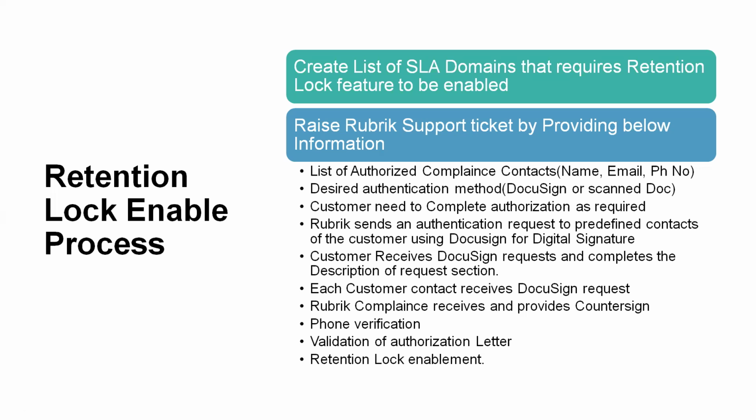Once we have provided the information, Rubrik will send the DocuSign for digital signature. The customer receives the DocuSign request and completes the description of the request section. We have to provide a justification for the request, like enabling retention lock or disabling retention lock.